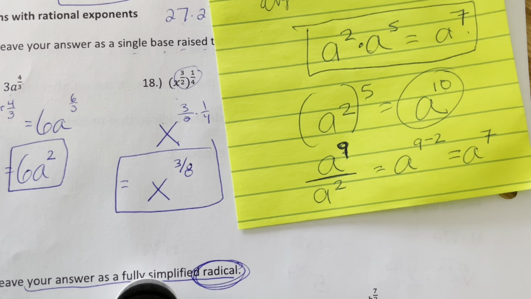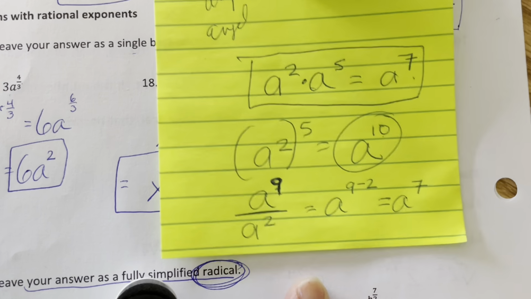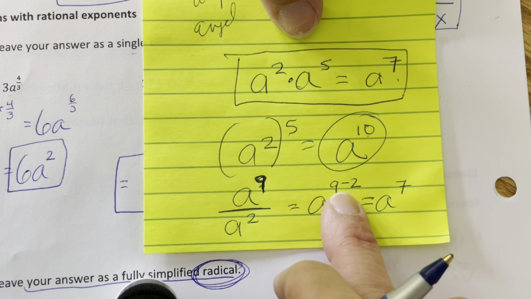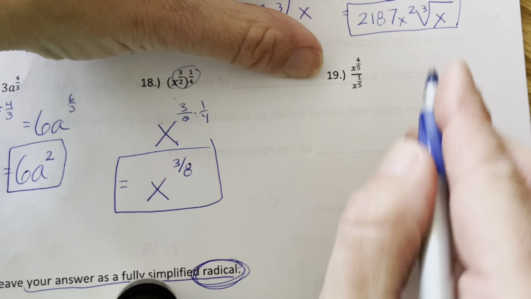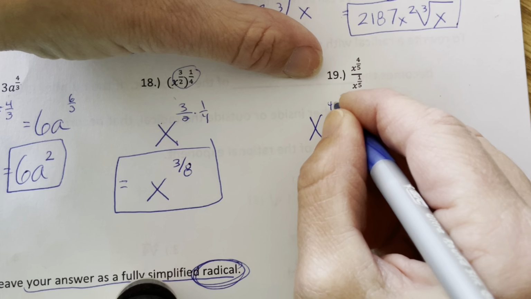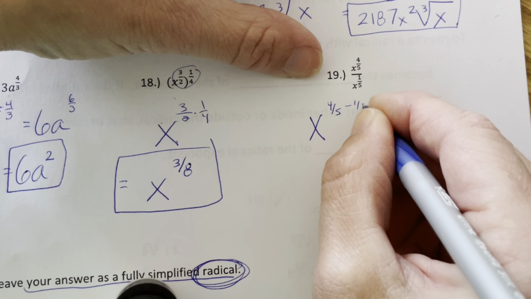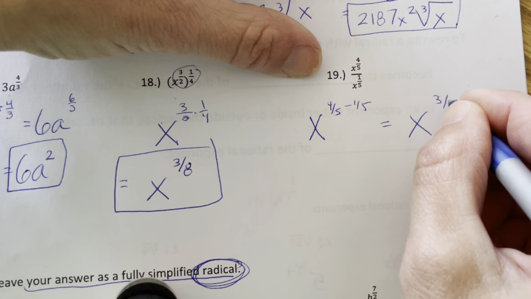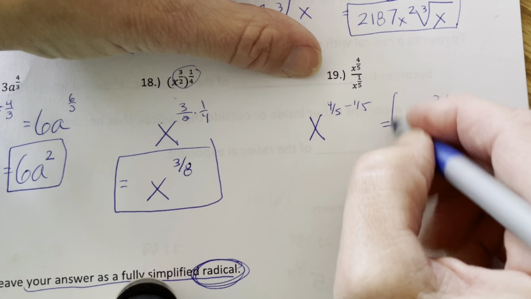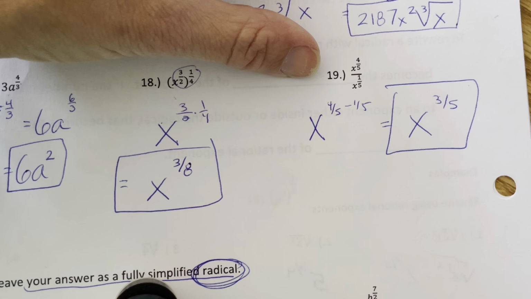When I have things that are divided with exponents, I subtract the exponents. So that's going to get us here. This becomes x to the 4/5 minus 1/5. So that is x to the 3/5. He wanted this to stay as exponent powers, so that is my final answer.